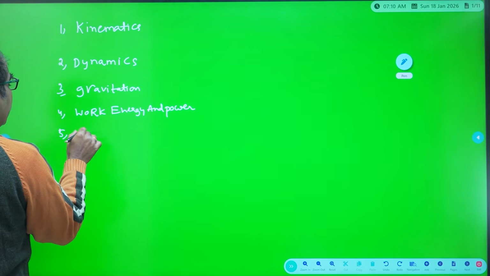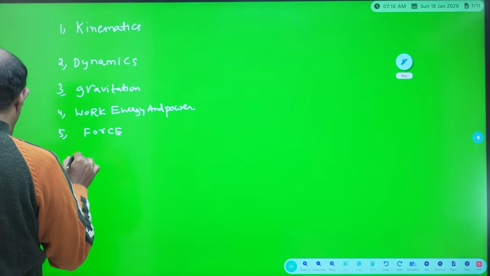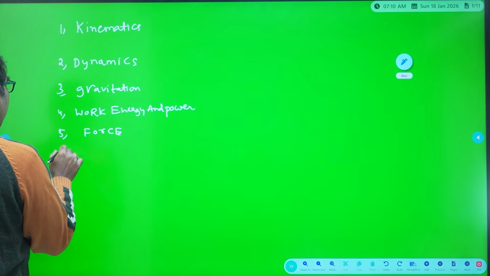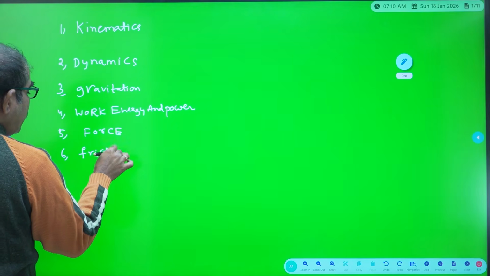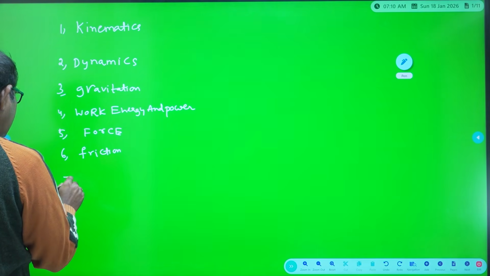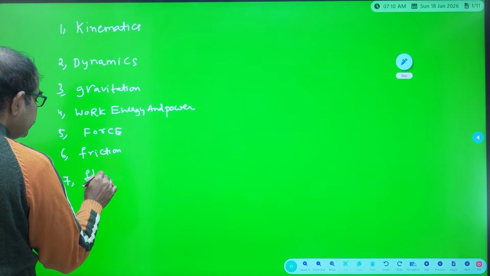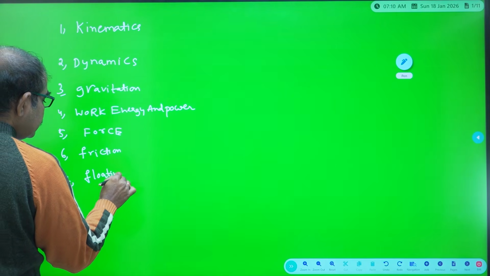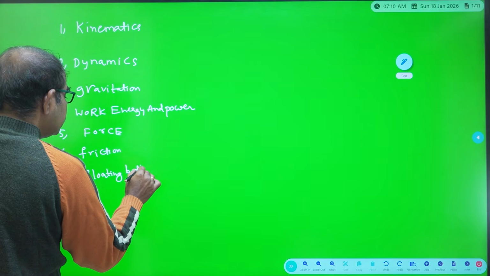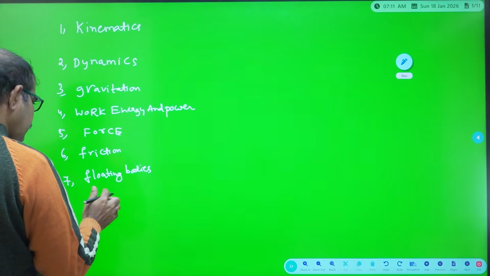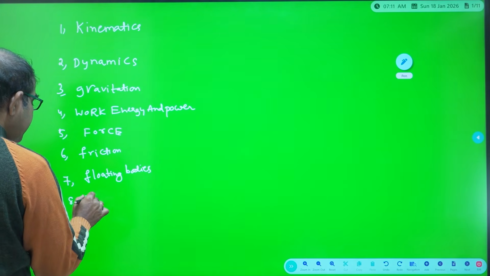The fifth chapter is force. The sixth one is friction. The seventh one is floating bodies. The eighth one is magnetism.